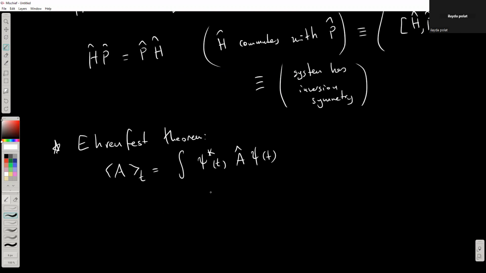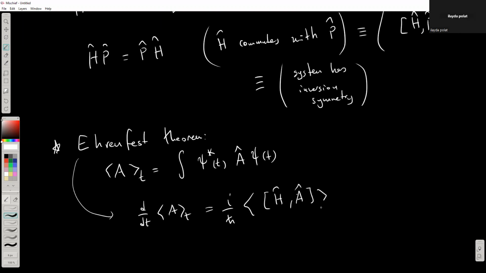Since the wave functions change with time, the expectation values also change with time. Ehrenfest's theorem tells us how the expectation value changes with time. The time derivative of the expectation value of A is given by the expectation value of the commutator of the Hamiltonian with the corresponding operator. That's the theorem, but I don't want to prove it here.